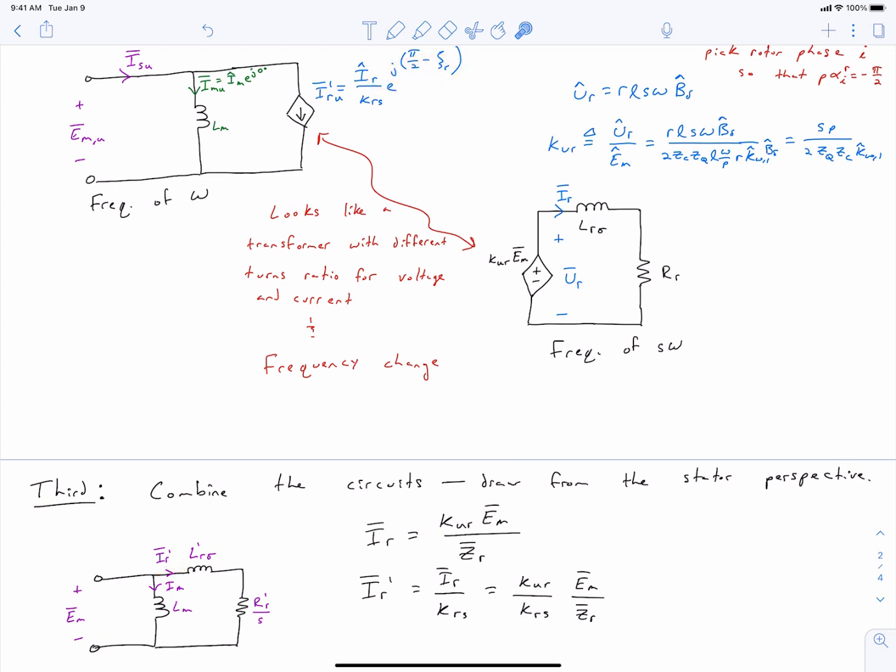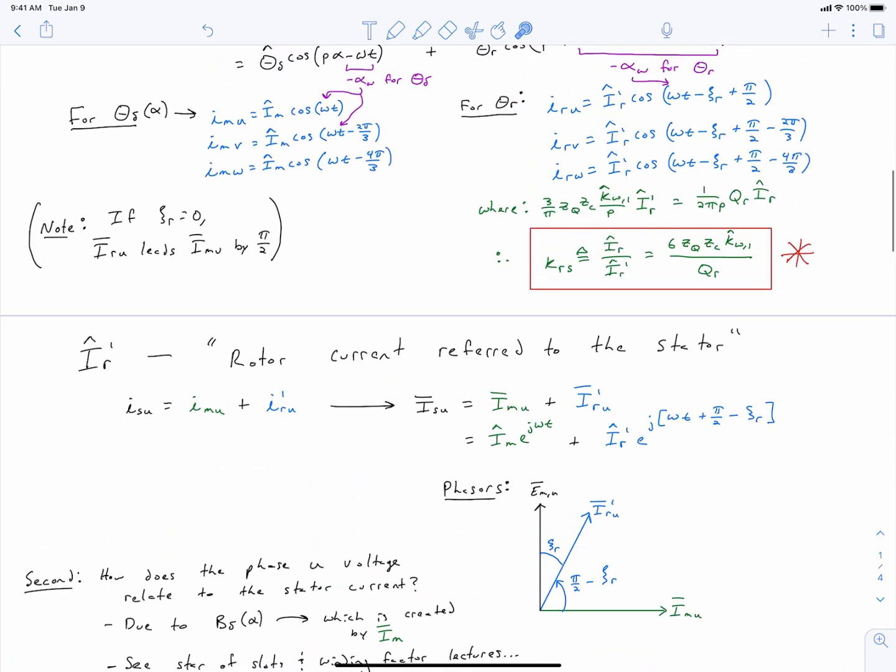We picked a rotor phase so that the back EMF works out to give us that angle. And so that current is simply our rotor current from solving this equivalent circuit divided by KRS, where KRS was that turns ratio up here.